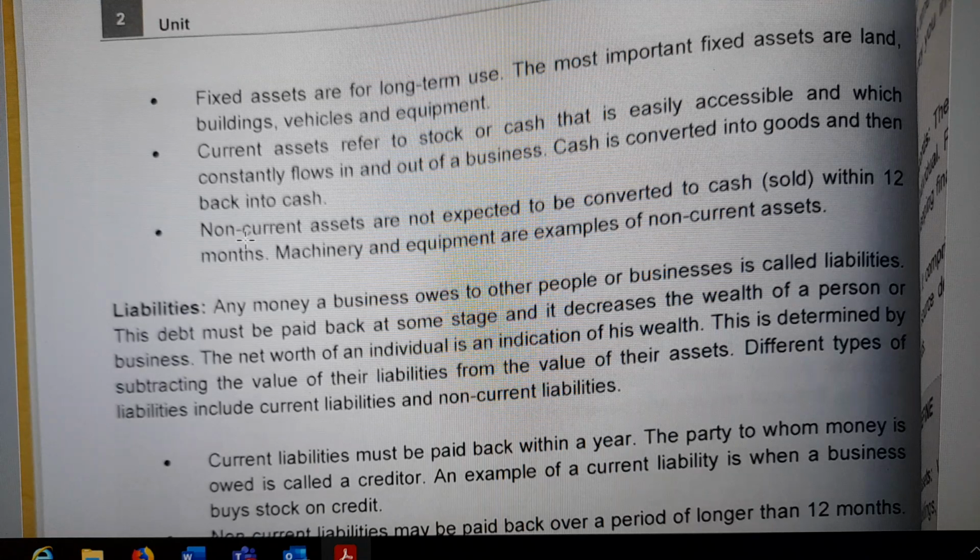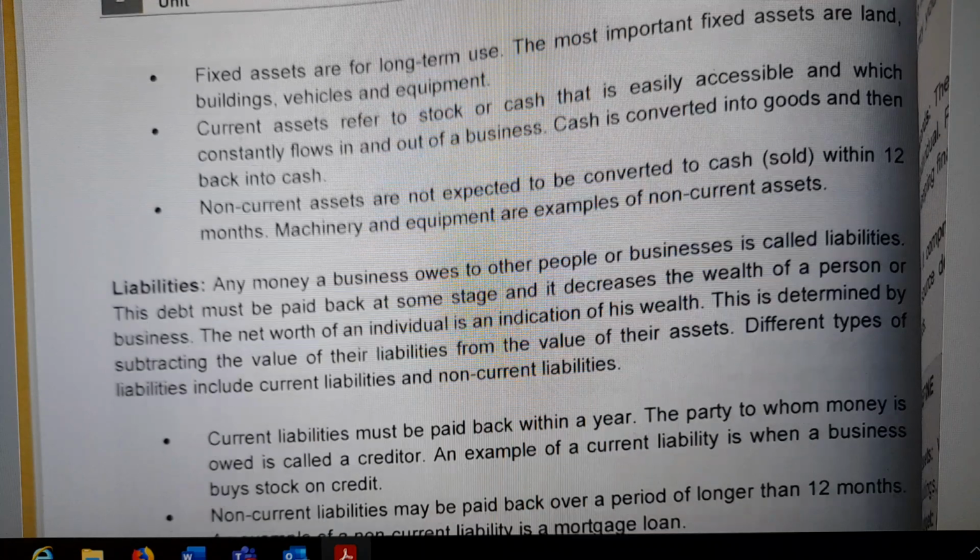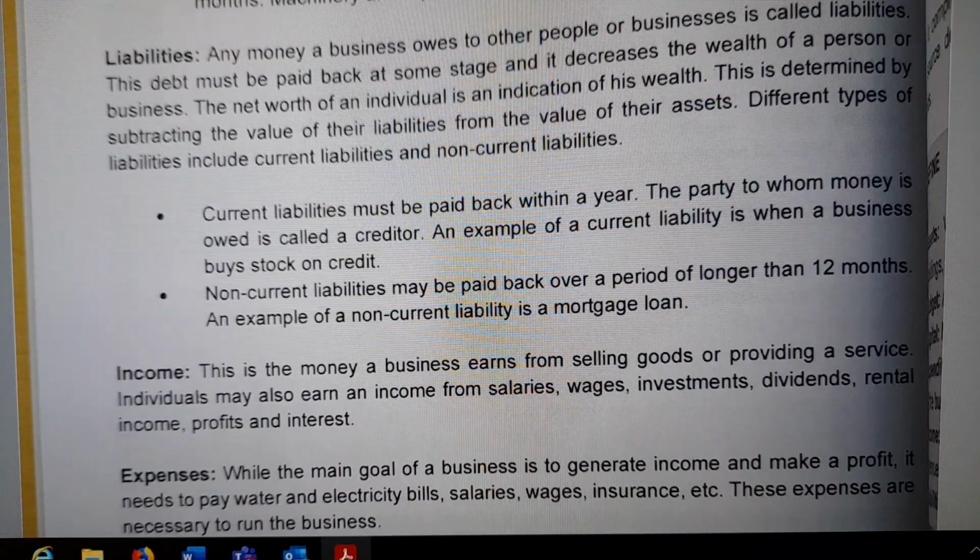And non-current assets are those assets that cannot be converted to cash within 12 months. For example, machinery and equipment are non-current assets. Please know the definition of each asset type and the examples. Very important. Now we look at term number 3 under our accounting concepts.